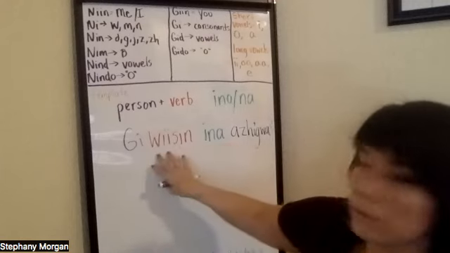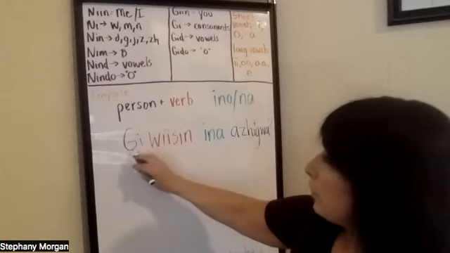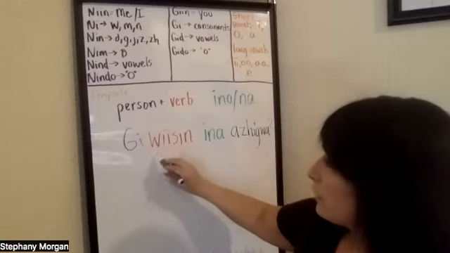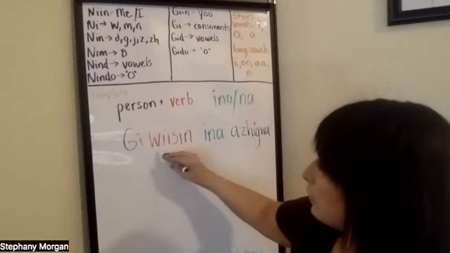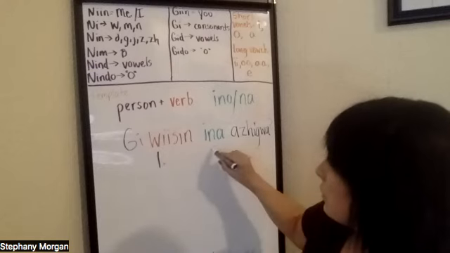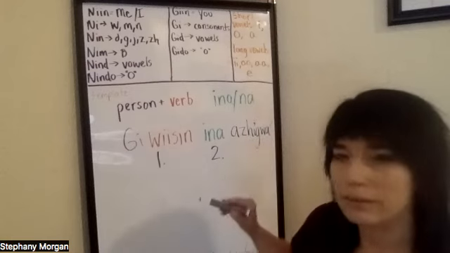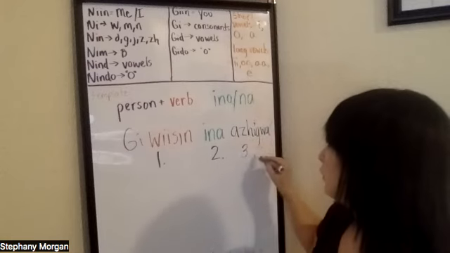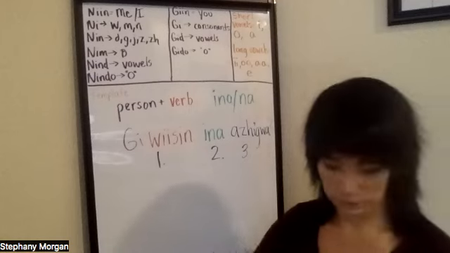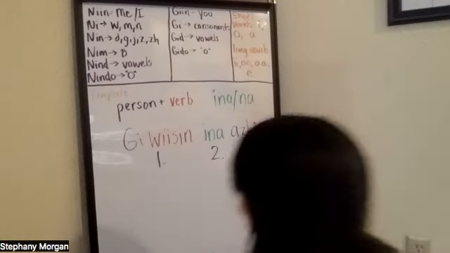See, inna always comes second. So our person attached to the verb making this one word. Our question marker comes second, and then anything else, no matter how long the sentence is, is going to come afterwards. It's pretty easy.